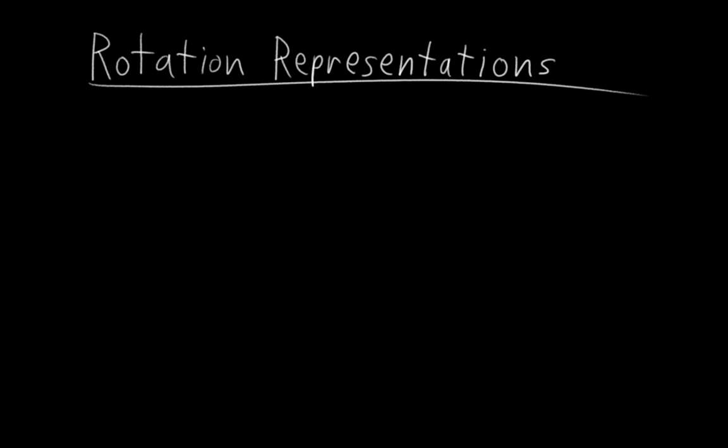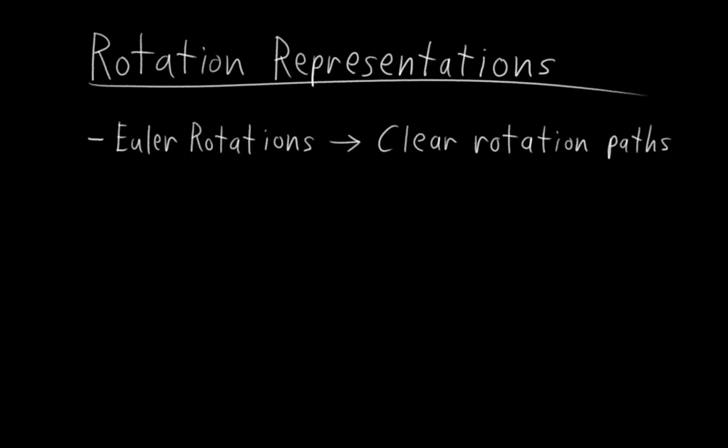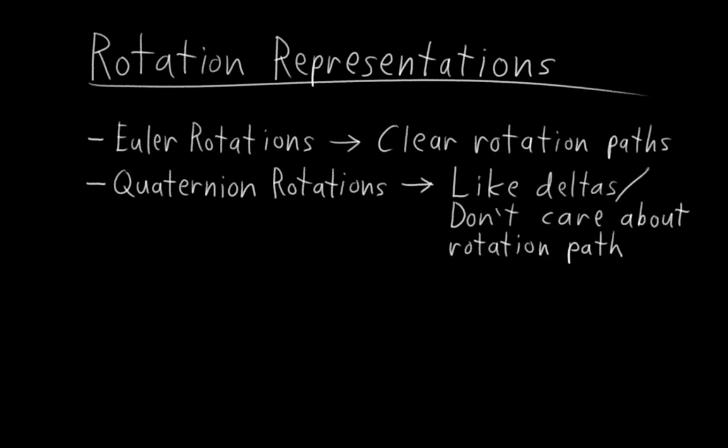Some rotation representations, like Euler rotations, have very clear rotation paths. Other rotation representations, like quaternions, are much more like rotation deltas and don't care about the rotation path. And these differences between rotation representations will inform which rotation representation we choose for each control.